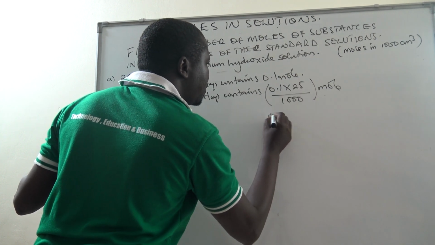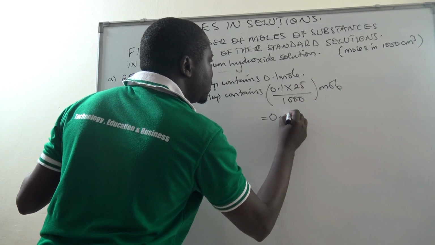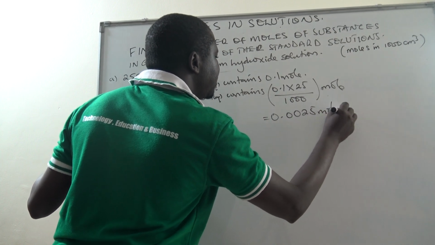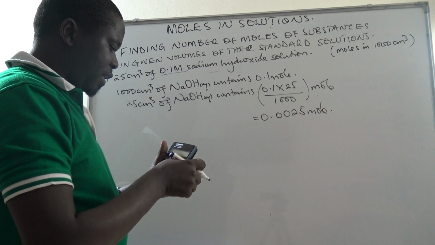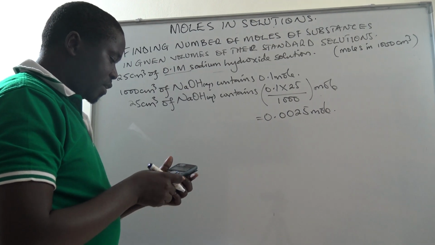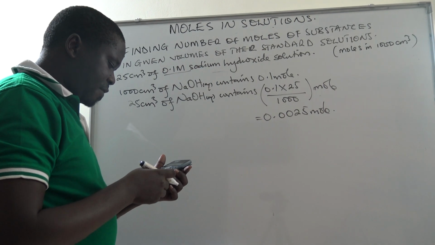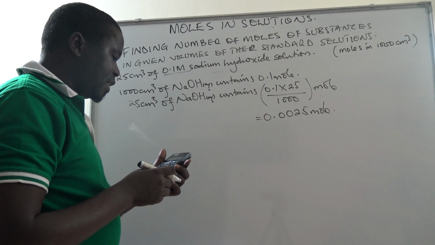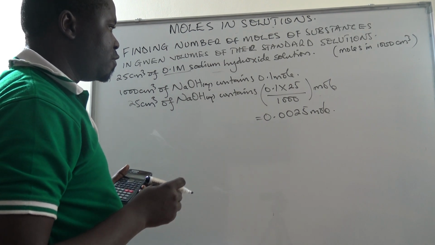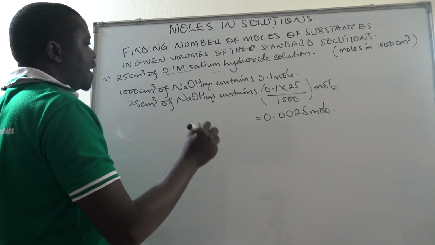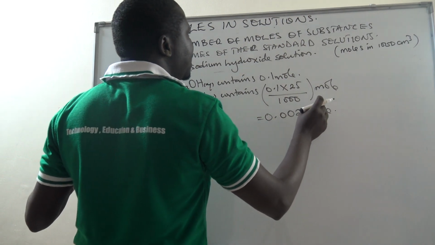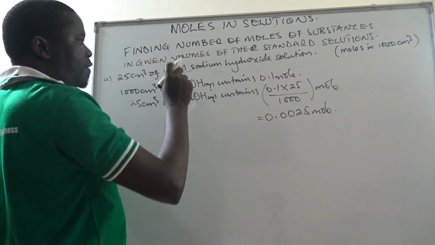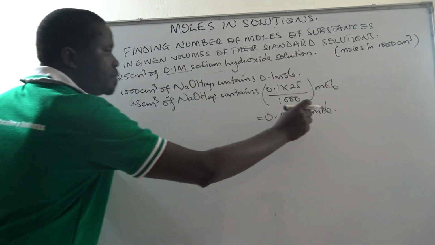Our answer is 0.0025 mole. You can use your calculator and check this. So it is 0.1 times 25 and we divide by 1,000. Our answer is 0.0025 mole. And that is the number of moles of the sodium hydroxide in the 25 cubic centimeters of its solution. As simple as that.